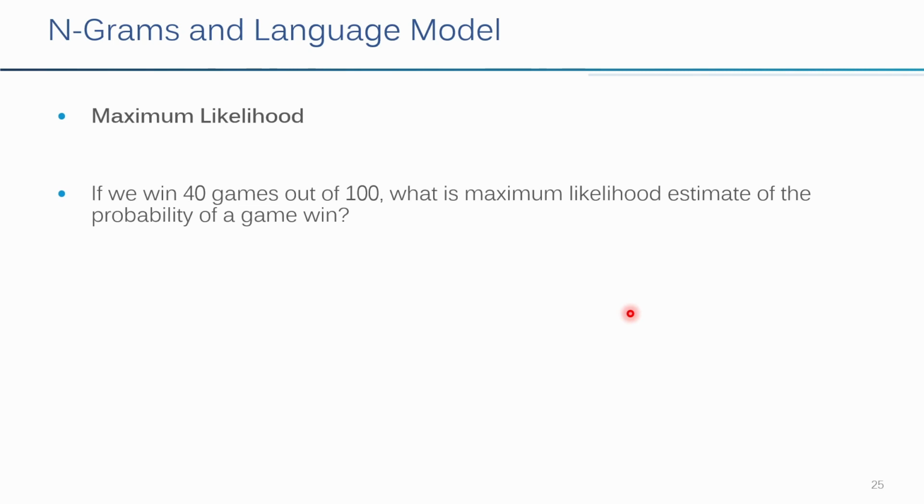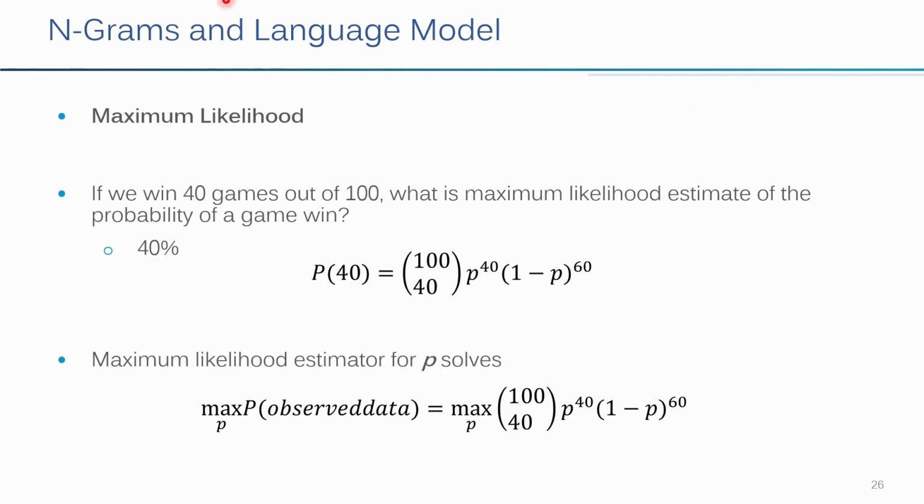So if we win 40 games out of 100, what is the maximum likelihood estimate of the probability of a game win? Intuitively, we know already it's 40%, right? So nothing new there. But if you want to actually make the calculation, we have the number of trials, the success count, and we want to calculate the probability that will maximize this 40 games for us. How do we do this?